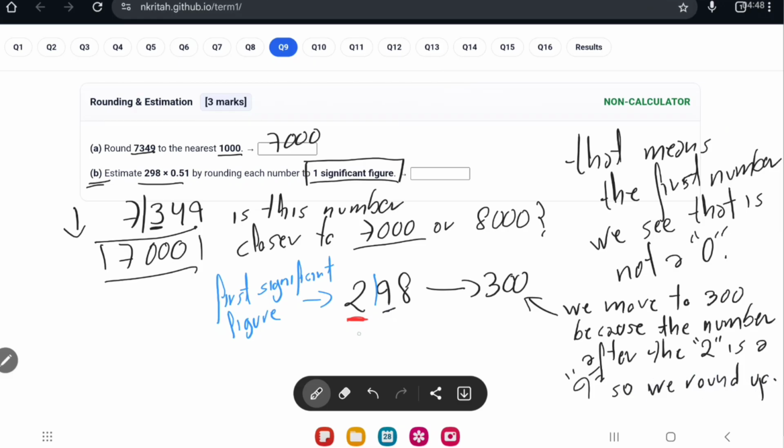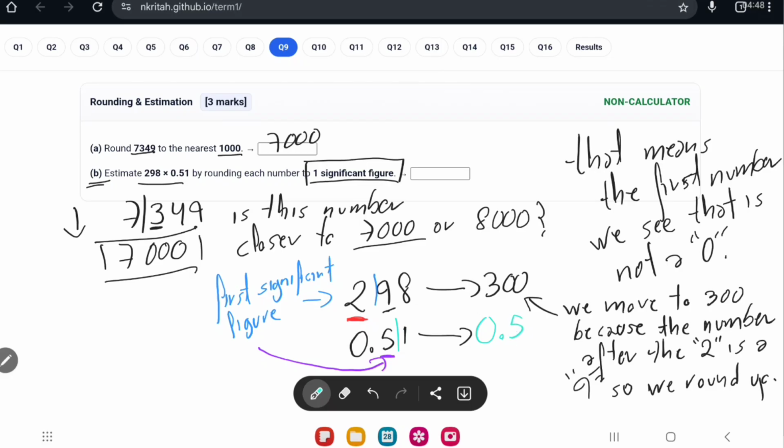Now, what do you reckon about the 0.51? What is the first number that you can see that is not 0? Yeah, the 5. Because the number after the 5 is smaller than 5, I'm gonna round down to 0.5.